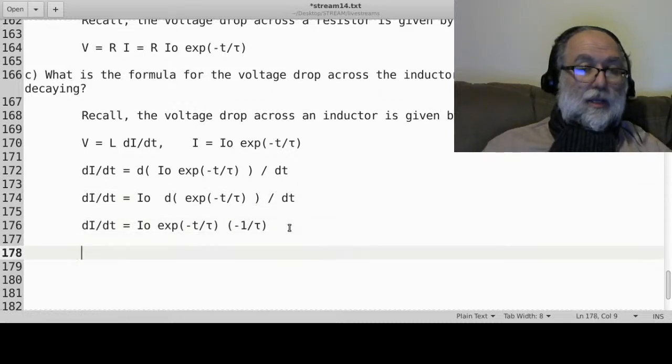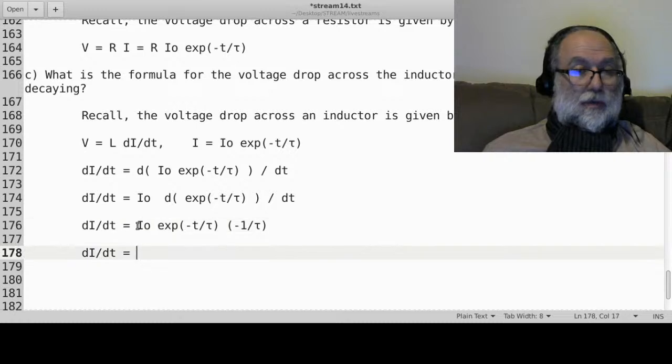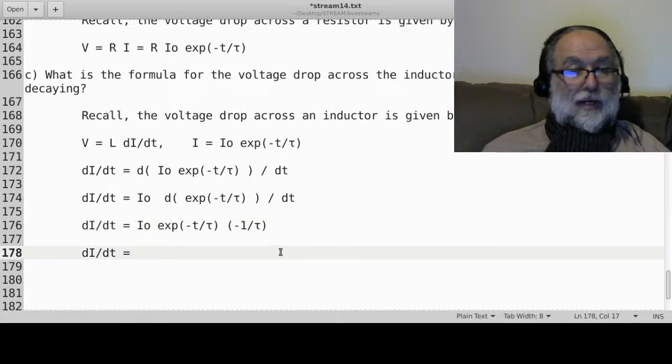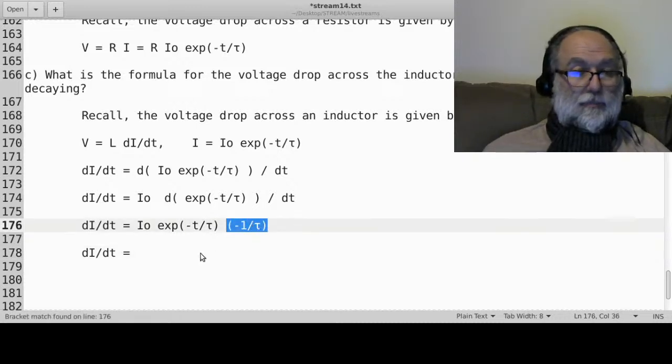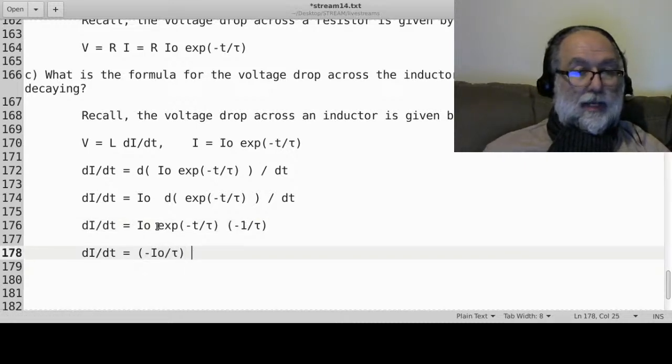And you could just clean that up a little bit. We're going to put that constant and that constant together. Usually people put the exponential at the end, so we're going to have this multiplied by the exponential, like that.